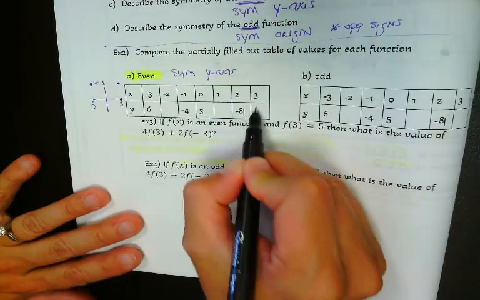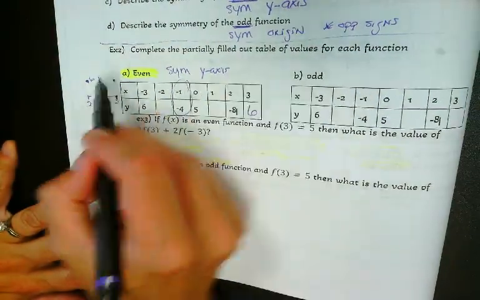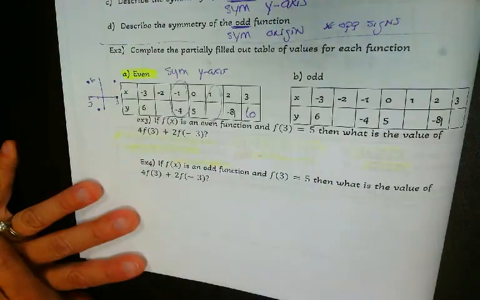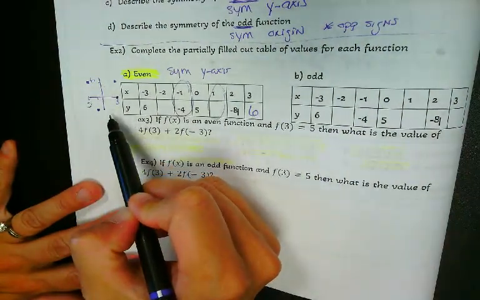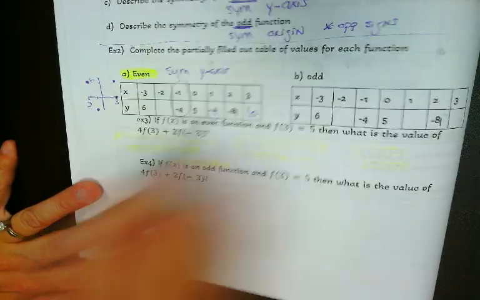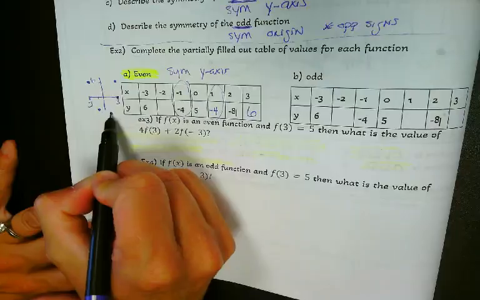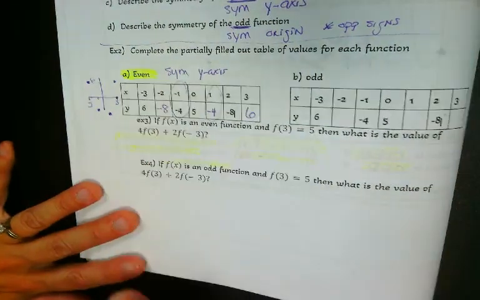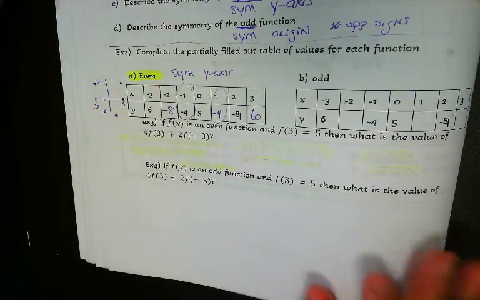Positive 3, 6. If I'm at negative 1, negative 4, what would positive 1 have to be? Negative 4. If I'm at 2, negative 8, what would negative 2 have to be? Negative 8. You can literally plot them and show that they're symmetric to the y-axis.